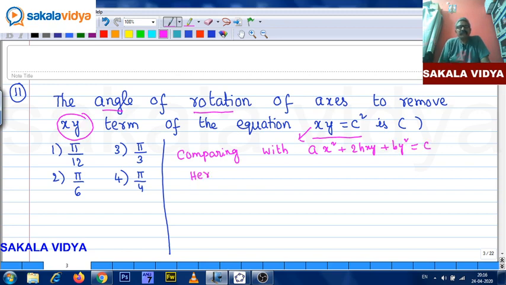Here a equals 0, 2h is equal to 1, the xy coefficient, b is equal to 0. So, that means here we have the angle of rotation theta is equal to 45 degrees, provided a equals b. Here a equals b. So, therefore, the angle of rotation is 45 degrees.